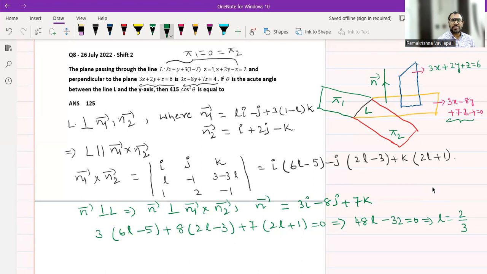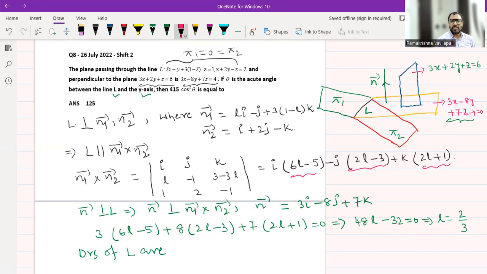Now, if theta is the angle between the line L and the y-axis, what are the DRs of L? L equal to 2 by 3.